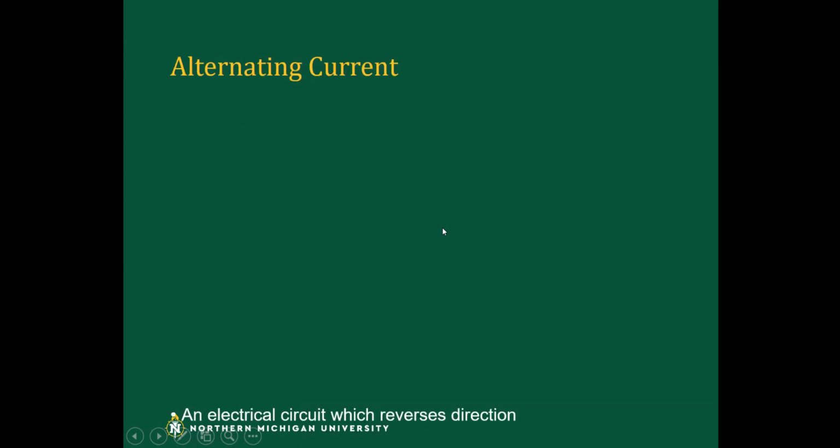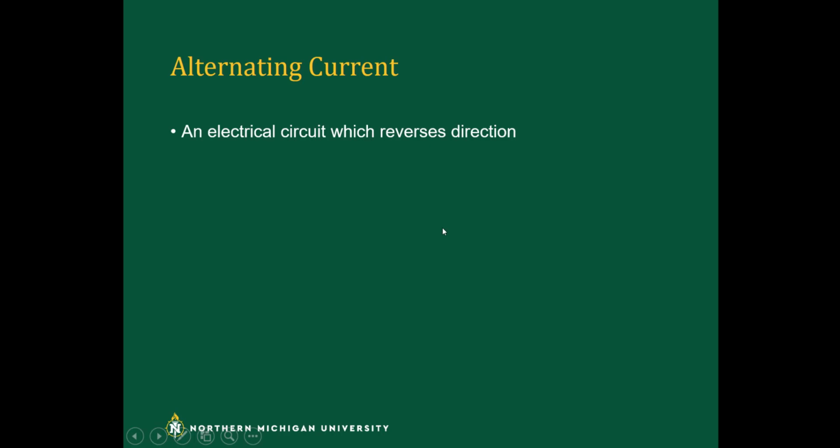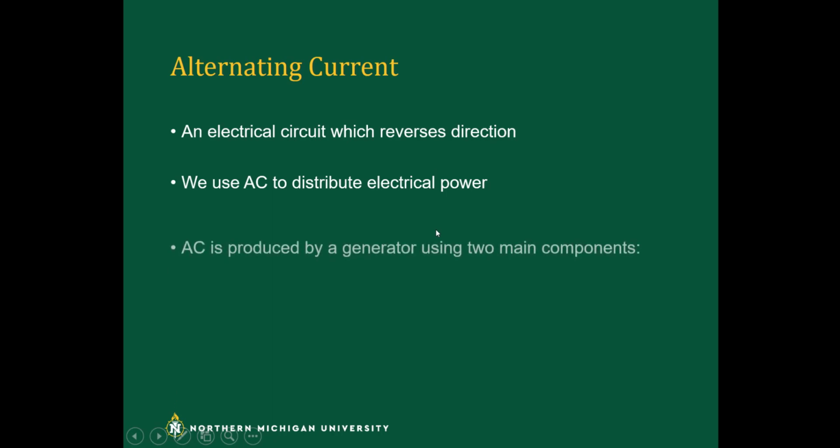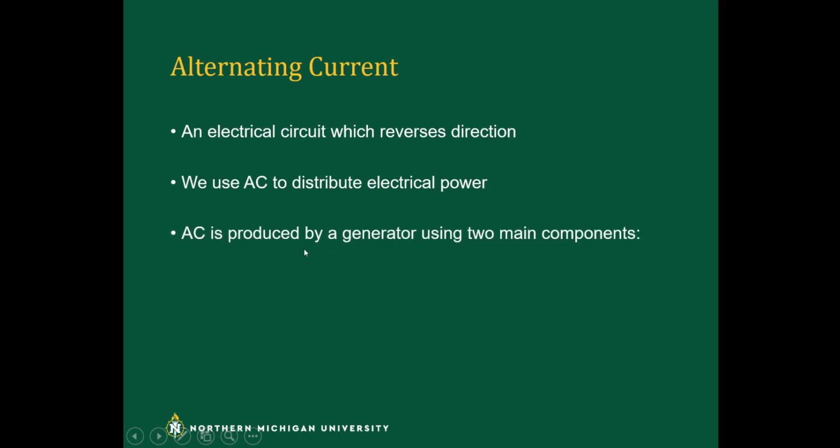Okay, alternating current. This is when we have electric current that is constantly reversing direction. We use AC current to distribute power throughout the transmission, throughout the grid, throughout our buildings, pretty much everywhere. It's produced by a generator using two main components.